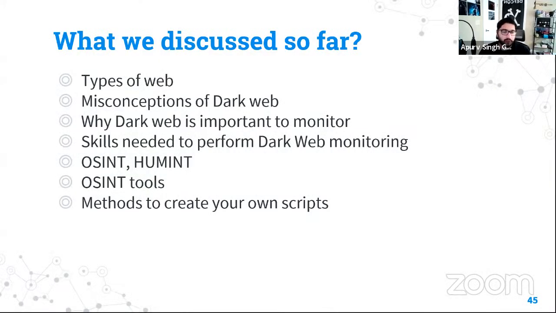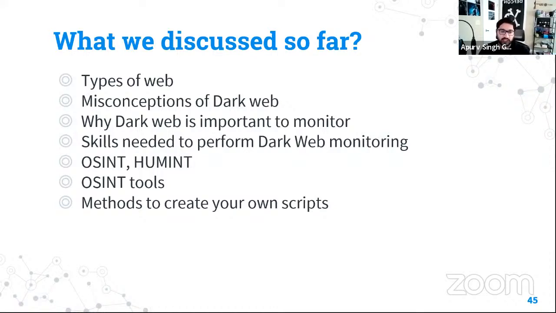So yeah, that was it. We talked about different types of web. We went through that iceberg diagram as usual. We talked about some misconceptions of the dark web, like what is true, what is not true. We talked about why the dark web is important. We went through a few screenshots of how threat actors sell these things on the dark web.